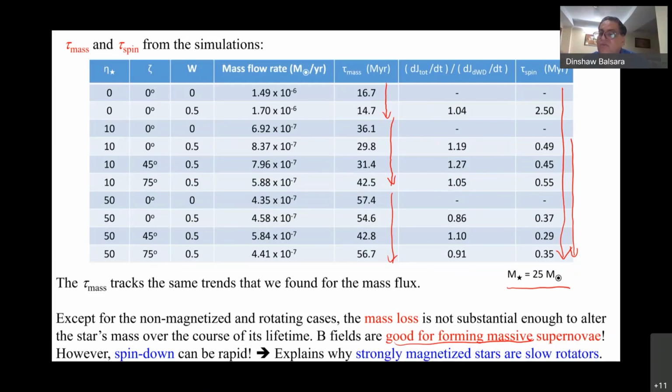And this is reasonable because we do not see too many fast spinning magnetized stars. Many of the magnetized stars that we see are slow rotators, even if they've been spun up by processes such as common envelope evolution. So this brings the story together by making it quantitative.